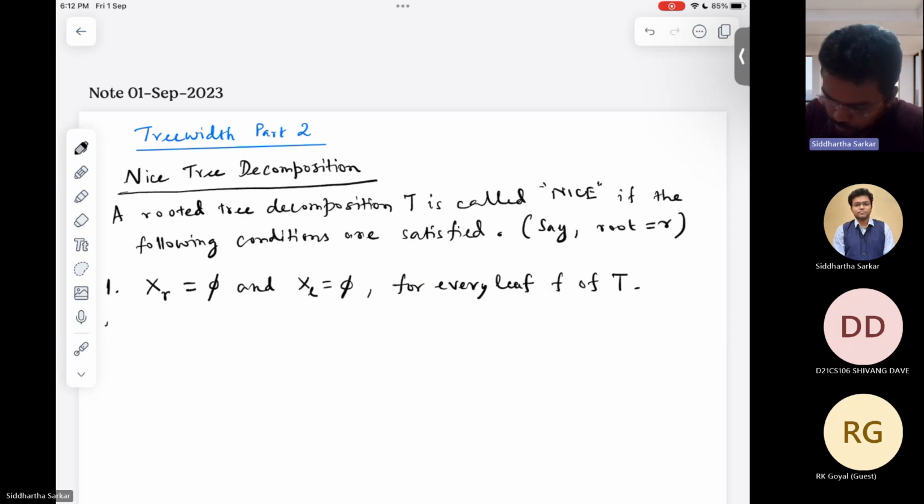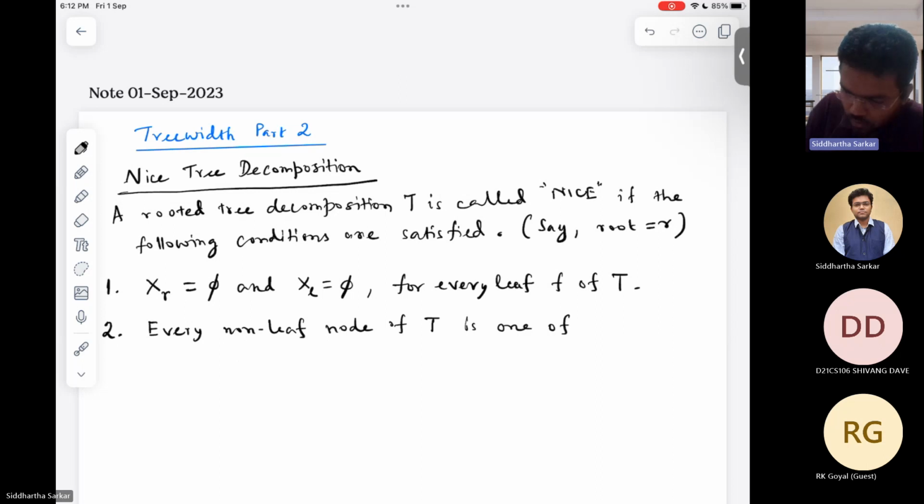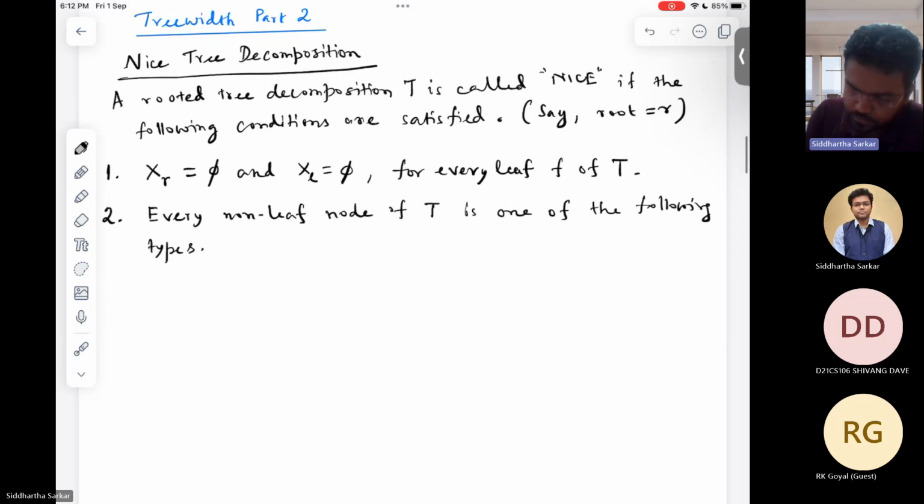And the second property is that every non-leaf node, so we have characterized the root node and the leaf nodes. Non-leaf nodes, that means the internal nodes other than the root, every non-leaf node of the tree decomposition T is one of the following types. We will characterize the non-leaf nodes into three types.